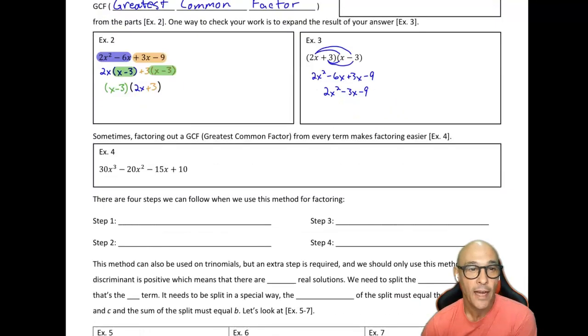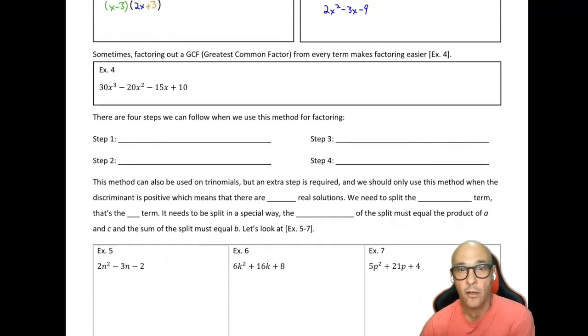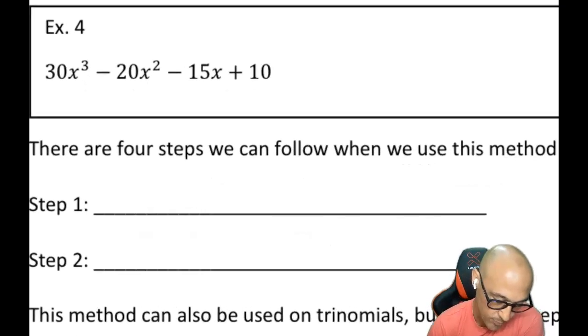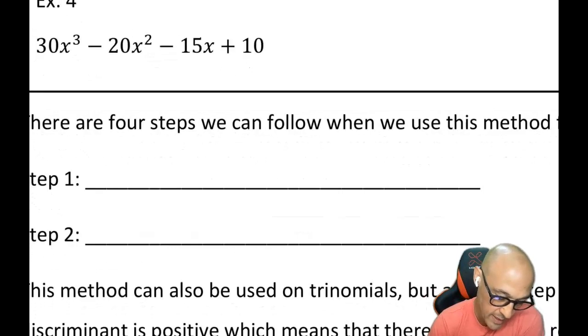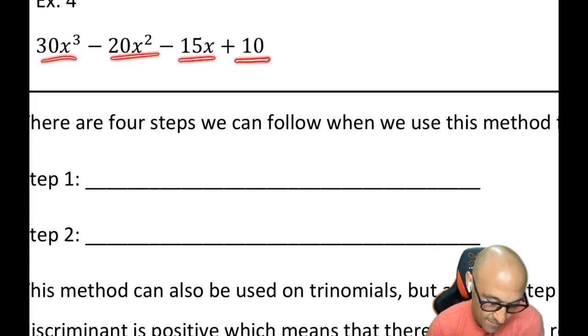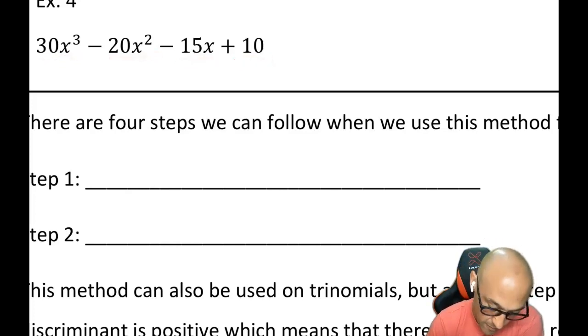All right, sometimes factoring out a greatest common factor from every term makes factoring easier. So we're going to look at an example where that's true, here in example 4. So each of these terms has a factor of 5, and that's the greatest common factor. So we're going to factor out that 5.